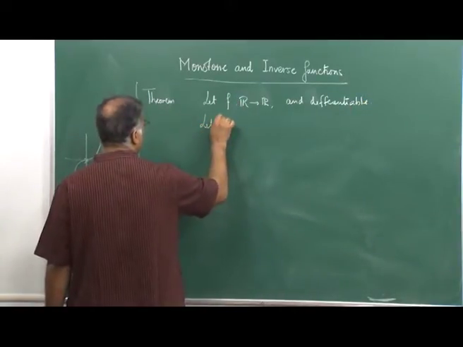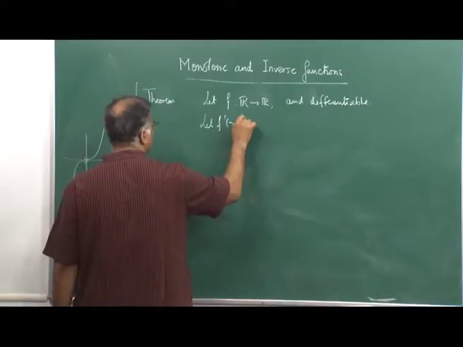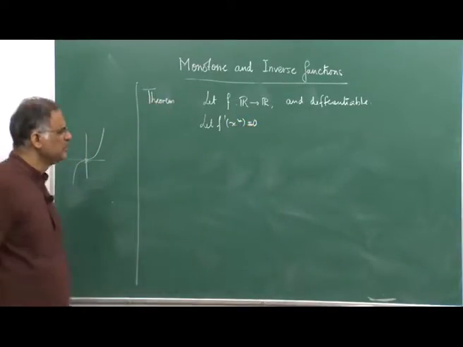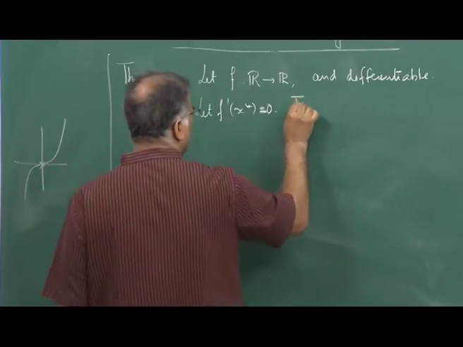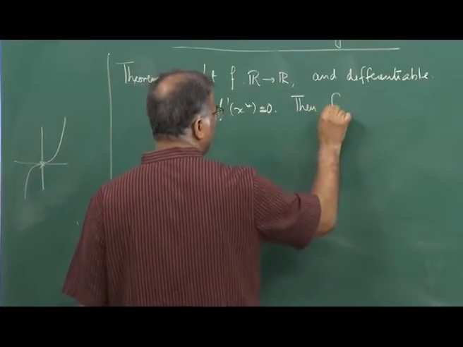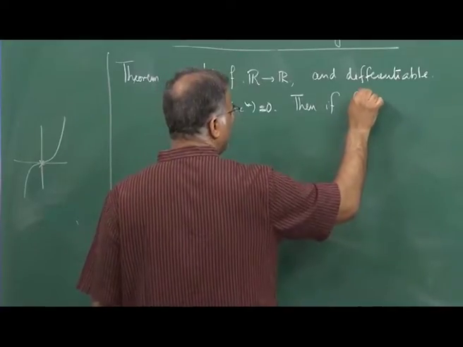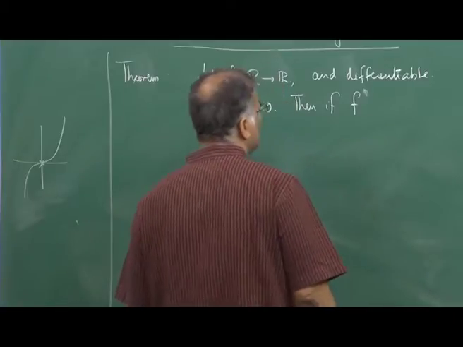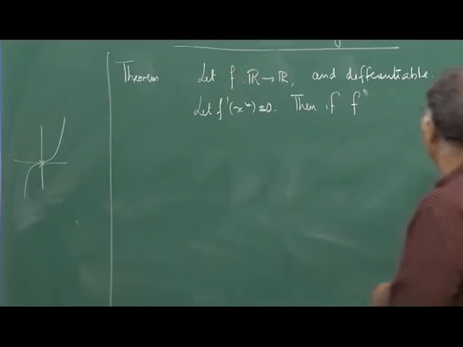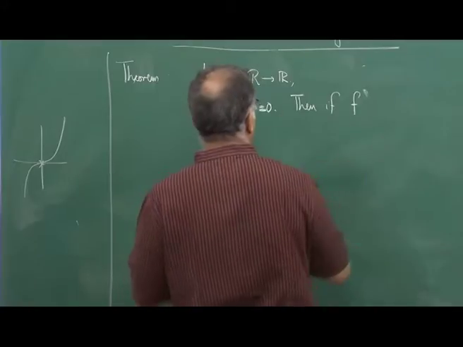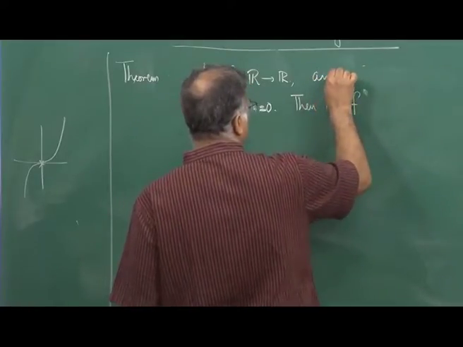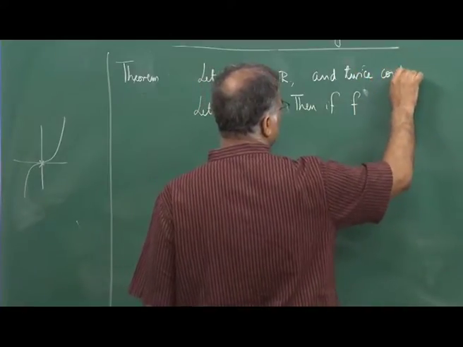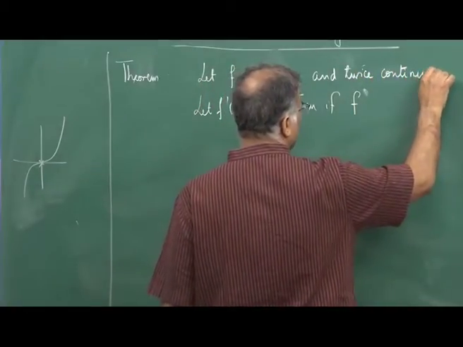Let f dash x star be equal to 0. So, x star is a critical point. Then if f is twice continuously differentiable, the second derivative exists and is continuous.